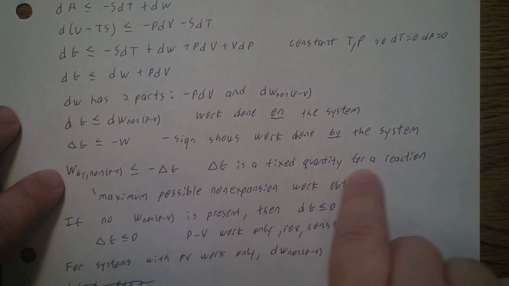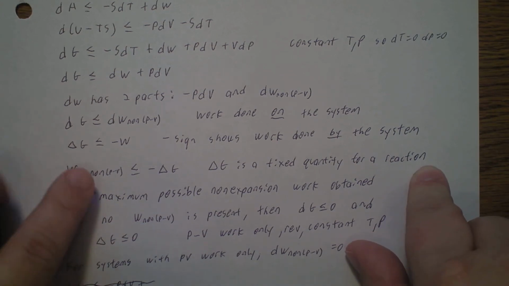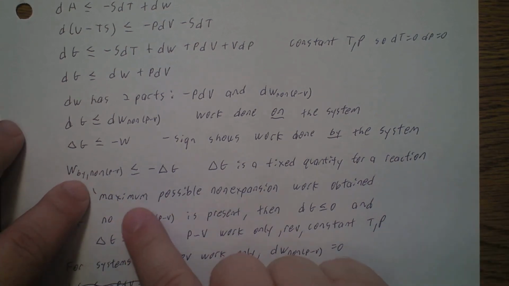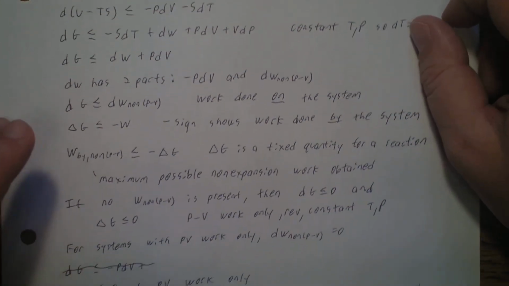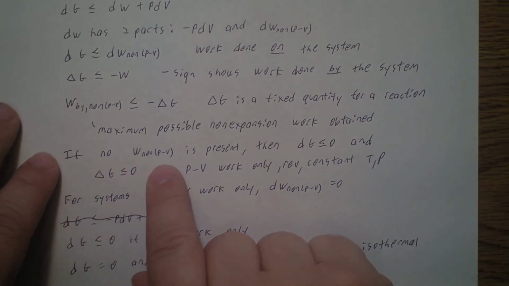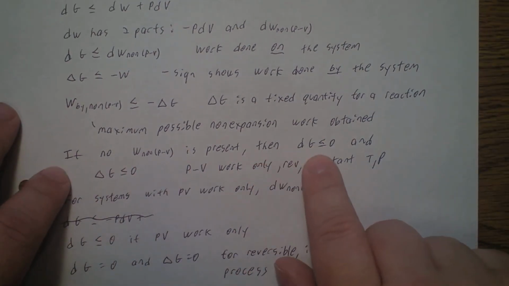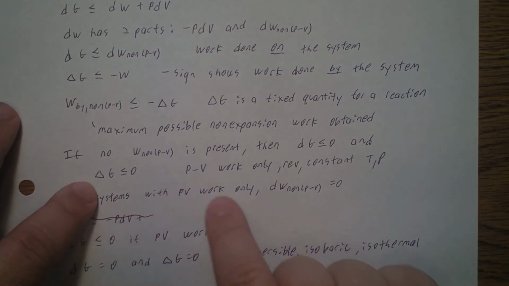Now delta G is a fixed quantity for a reaction. That's the sort of thing you can look up. But this work by the system is the maximum possible non-expansion work obtained from any reaction or process. Now if there is no non-PV work present, then dG is less than or equal to 0 and delta G is less than or equal to 0.